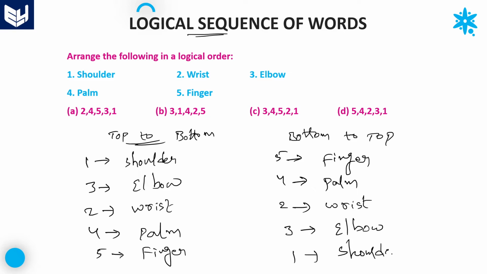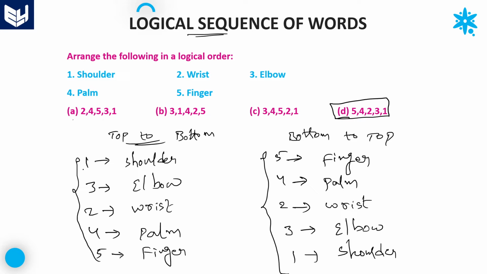Now, we can check in the given options whether 1, 3, 2, 4, 5 is given or else 5, 4, 2, 3, 1. Which option is given? See, 5, 4, 2, 3, 1, this is there. 1, 3, 2, 4, 5 is not at all there.